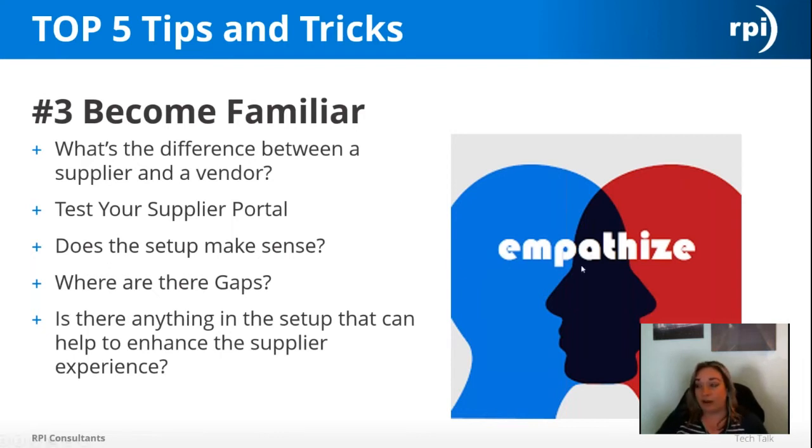And then you can identify, are there any gaps? Maybe there are some questions that just don't quite make sense, or maybe there are questions that you neglected to add that are really important to your business process or your organization. Getting in the system and becoming familiar with what the supplier sees is going to help to establish that information.